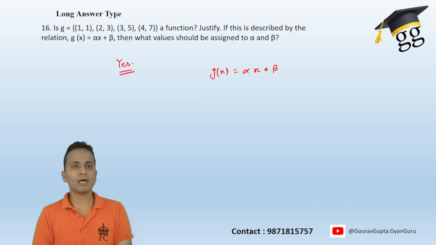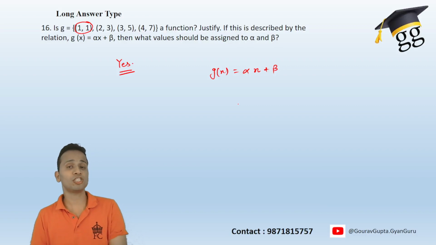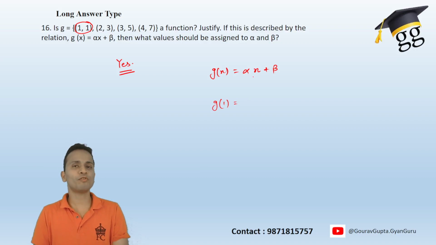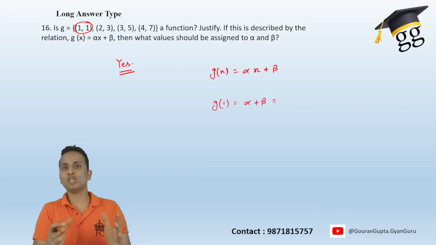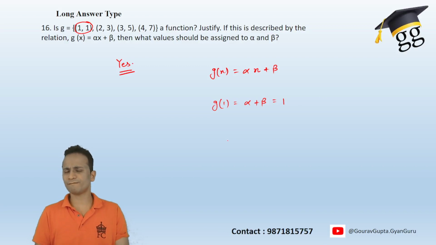Looking at the first ordered pair, where the value of x is 1 and the value of the function is also 1, I'll calculate g(1) by substituting x as 1 in the given relation. It gives alpha + beta, which is equal to the second part of the ordered pair, 1. So alpha + beta = 1. This is the first equation.